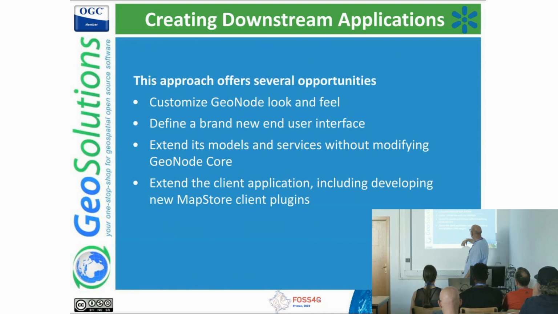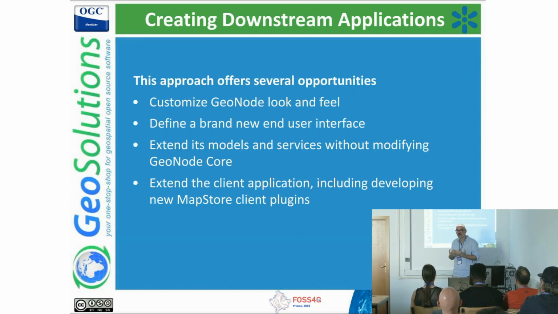This way you can, for example, simply use the GeoNode project to change the branding, to change the logos, change the styling, the layout, so only the UI of GeoNode. But it can also be used to extend the core modules, or also the MapStore client plugins.